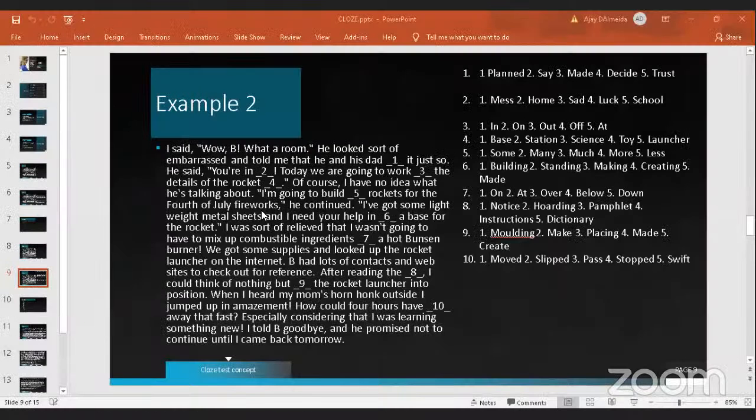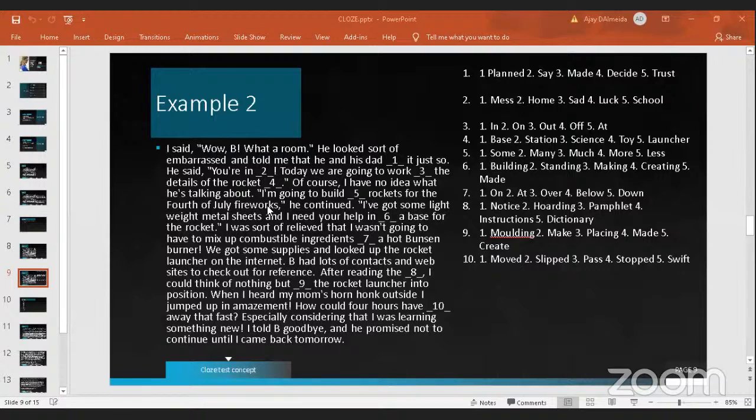Okay, so let's solve this. What is this passage about? This is about two kids who are doing a project on launching a rocket or creating a rocket launcher and all that stuff. Okay, that's what this passage is about. Two excited kids who are doing something. So let's see the appropriate answers over here.